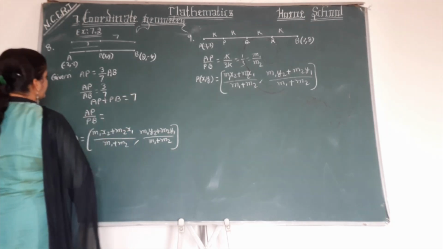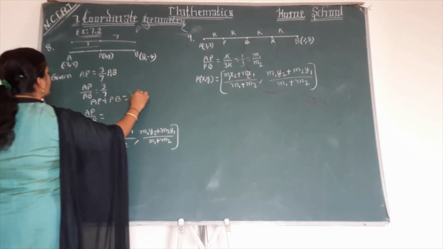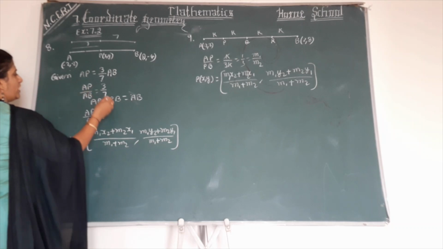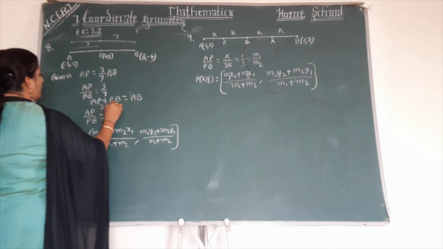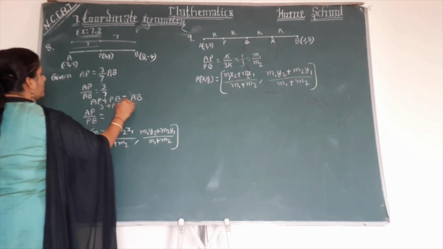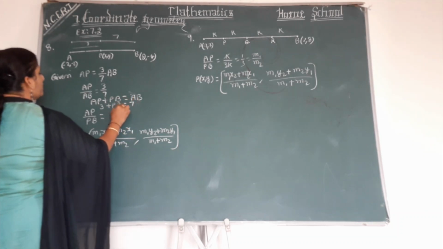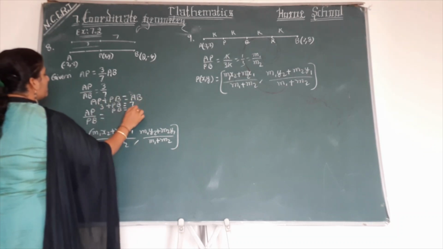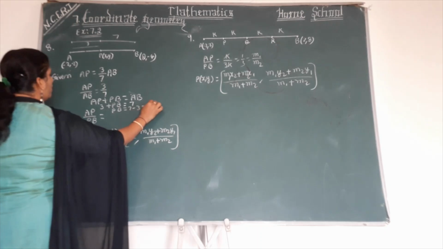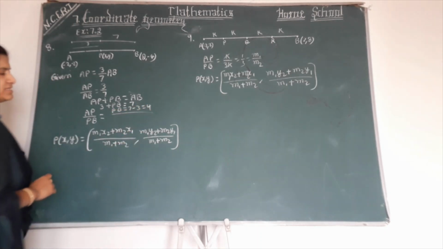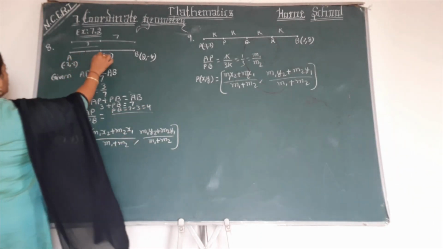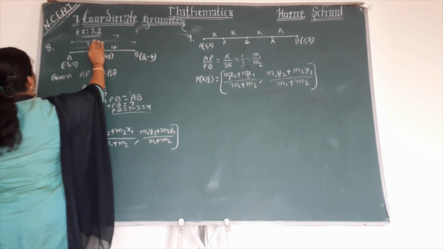Total it is 7. AP plus PB is none other than AB. You know AP. What is AP? 3. PB we don't know. AB is how much? 7. PB is equal to 7 minus 3. That will be 4. Look here. PB is how much now? 4. So we need this ratio.